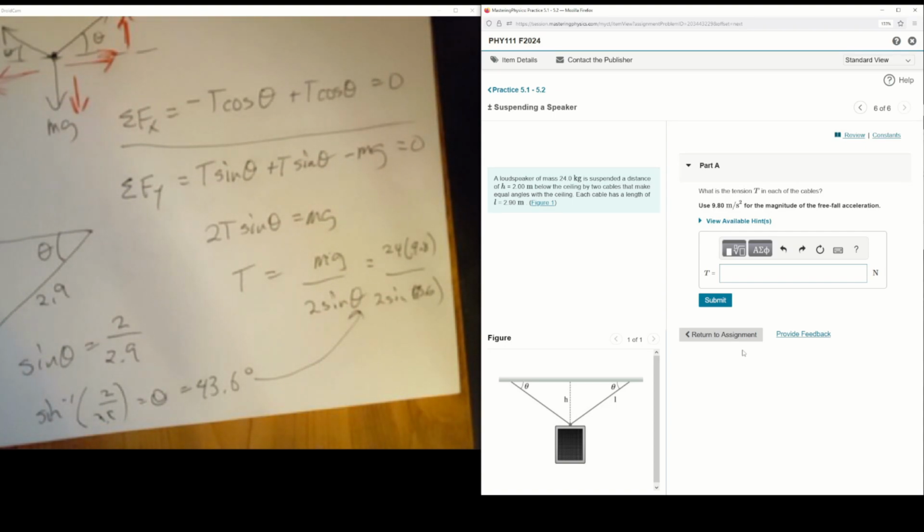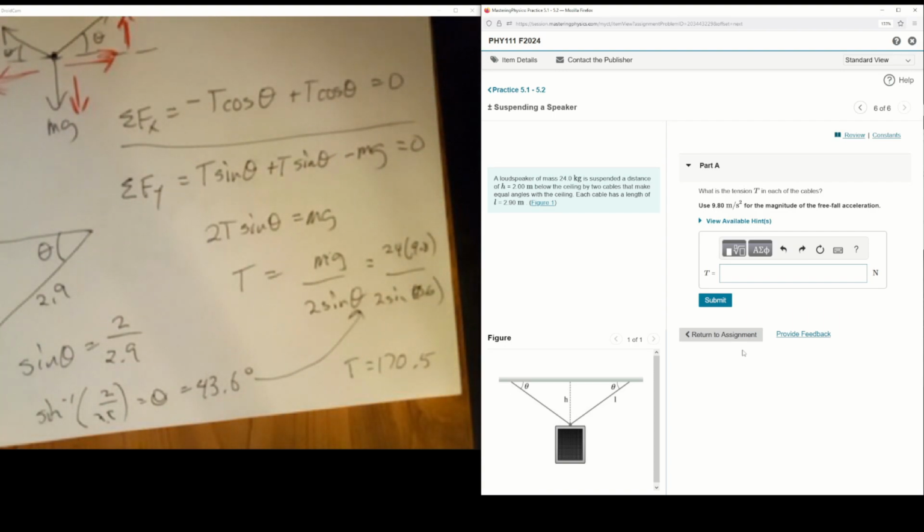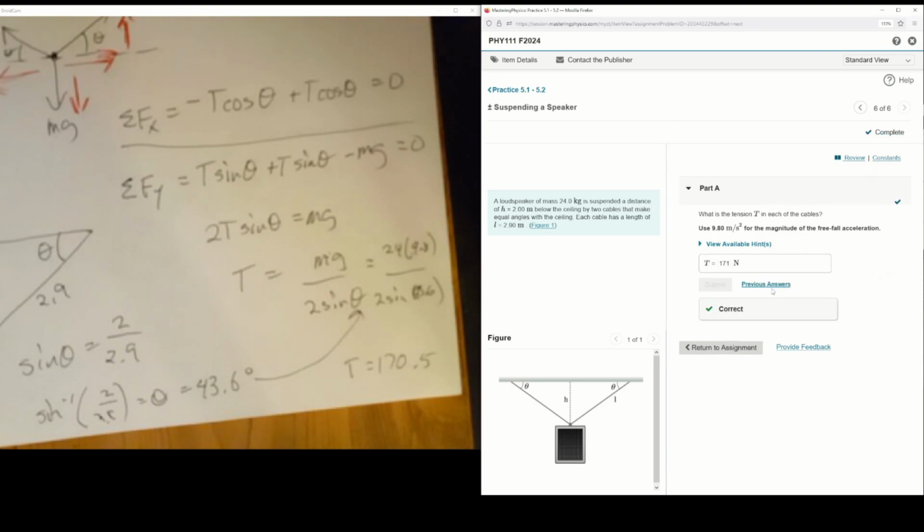There we go. And I get T is 170.5. All right. What if I just call that 171? What do you think about that, Pearson? And they'll take it. All right, there you go.